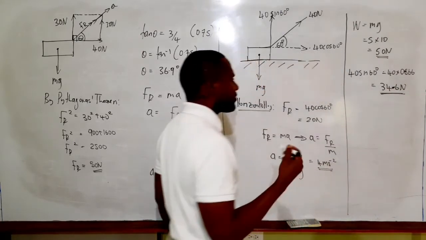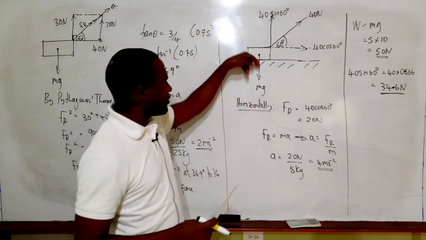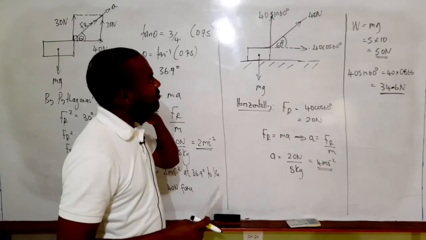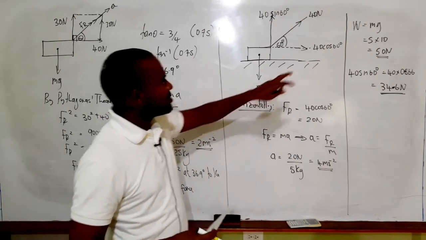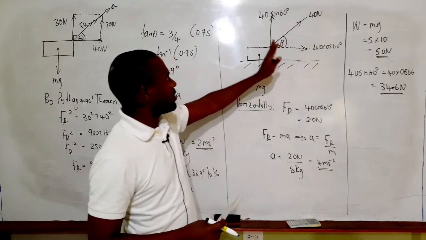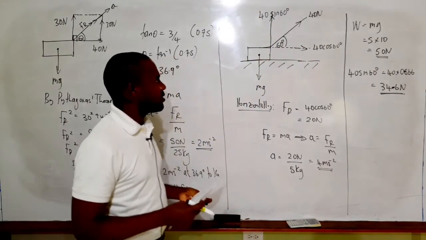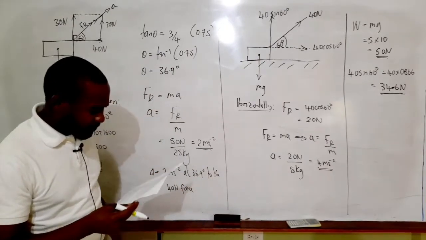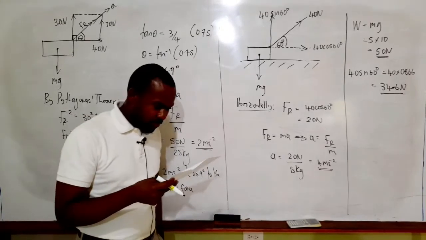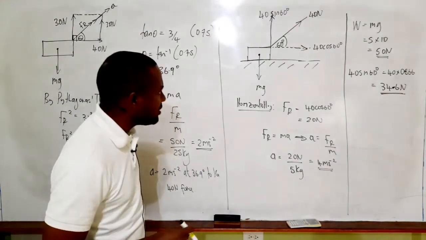So in terms of the vertical direction, there is the body's weight always acting vertically downwards, and because the 40 newton force is acting at 60 degrees to the horizontal, it also has a component acting vertically upwards, right? And therefore the force the body exerts on the ground will be the difference of these two.